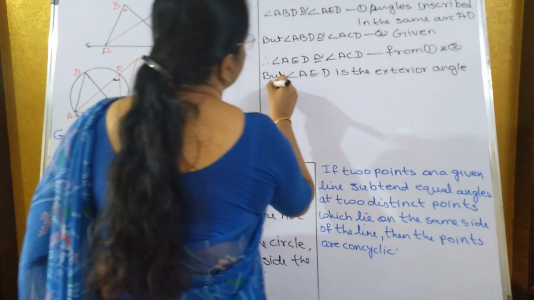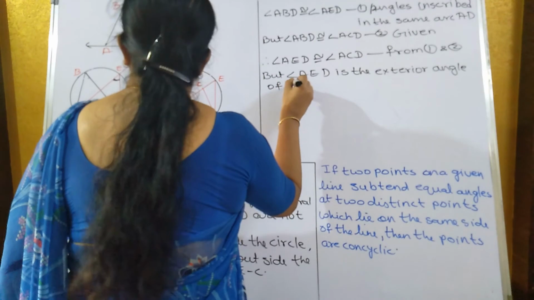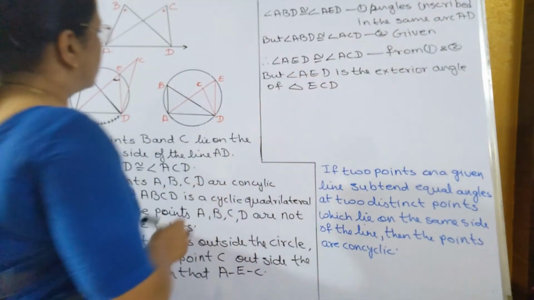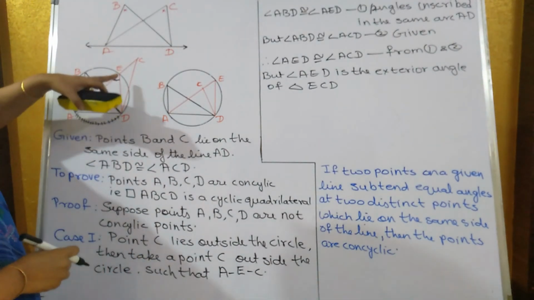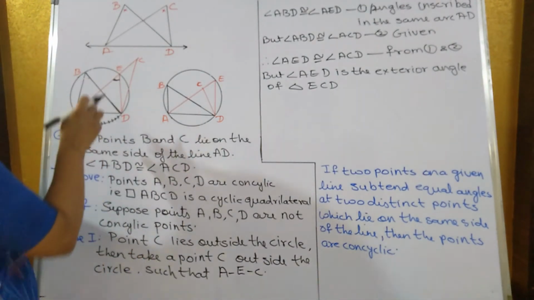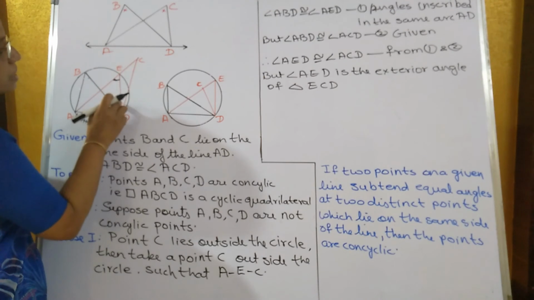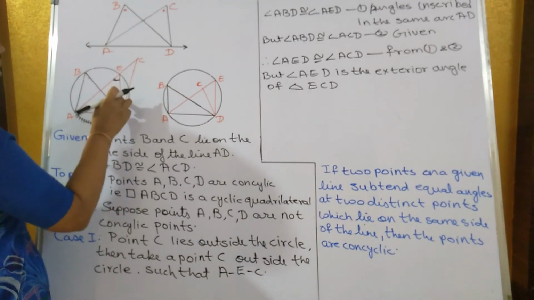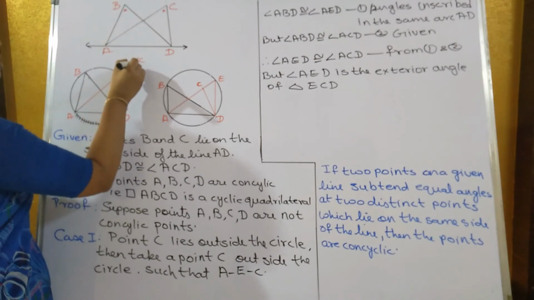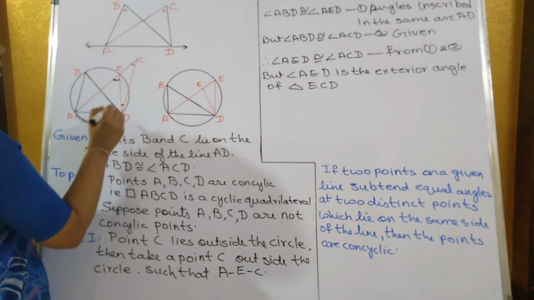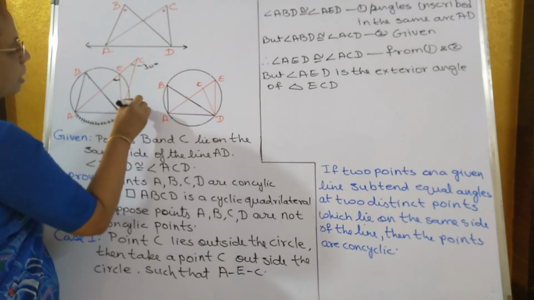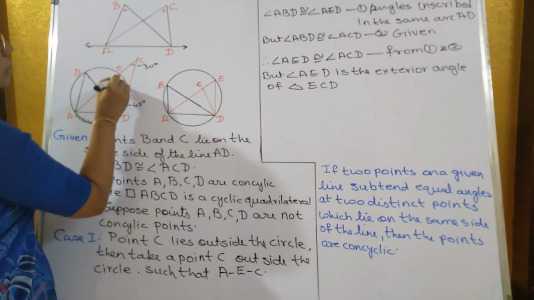So this angle is equal to this angle and this angle. Exterior angle is always equal to the sum of the remote interior angles. So angle E will be equal to angle C plus angle EDC. If this is 30 degrees and this is 40 degrees, then this will be 70 degrees, that is 30 plus 40, 70.